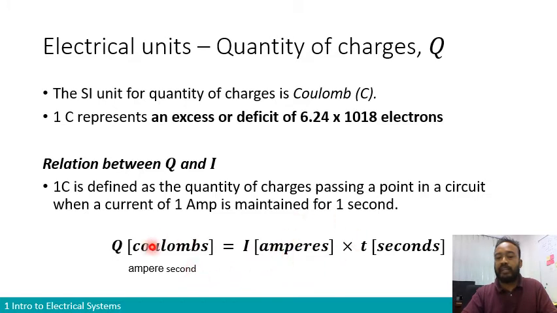So current is the ratio of charge per second. Current is the amount of charge flowing through a conductor per second. So it's what we call flow rate. A current means how many charges flow inside the conductor per second, right? Current, in ampere, represents the amount of charge that's circulating in a conductor per second.